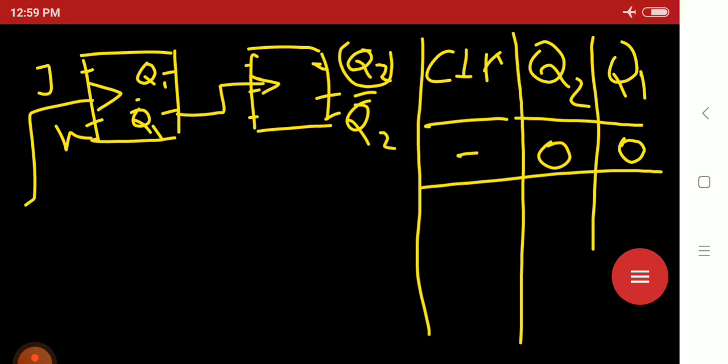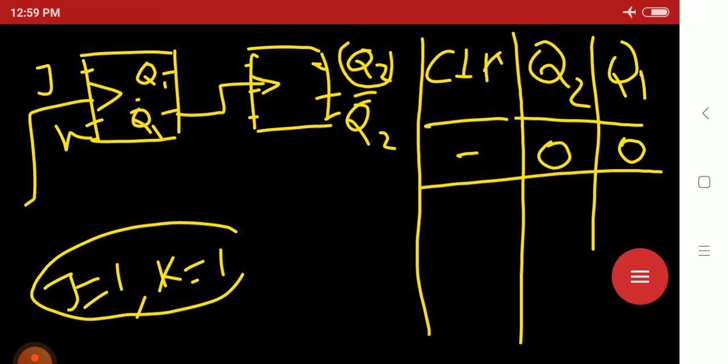Now for JK flip-flop toggle condition, J equals 1 and K equals 1 are given. If the clock is given now, the JK flip-flop receives the clock, the flip-flop will be on, and it will toggle Q1.